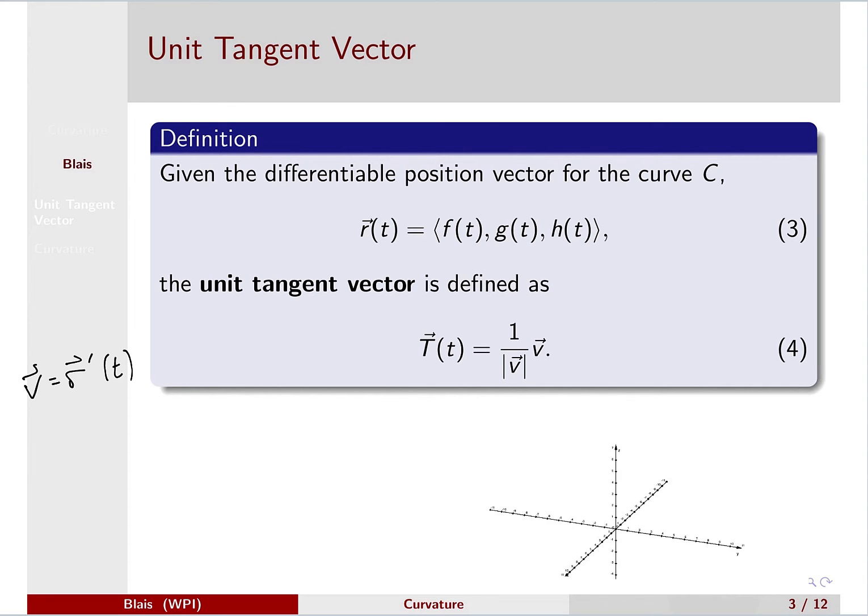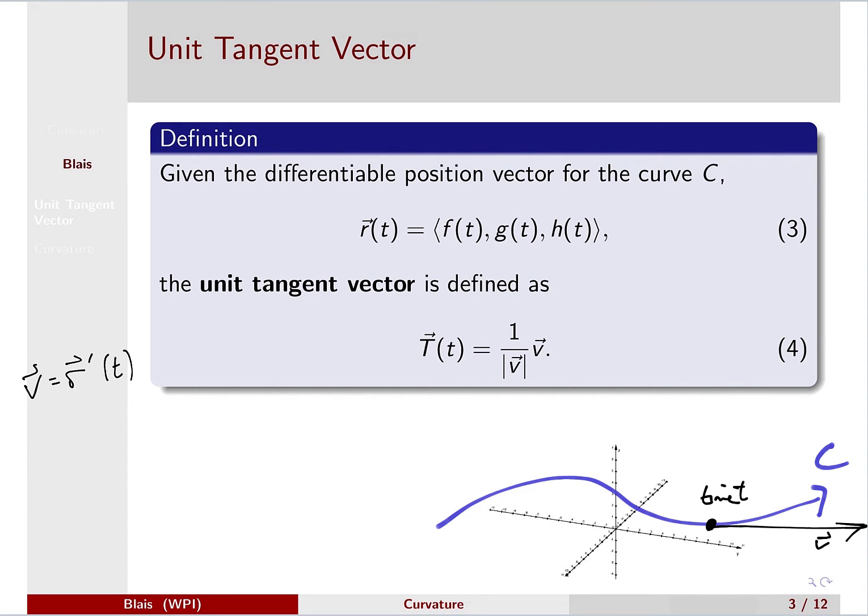So if we have a space curve, then the velocity vector at time t, so say we're here, the velocity vector is tangent to the curve.